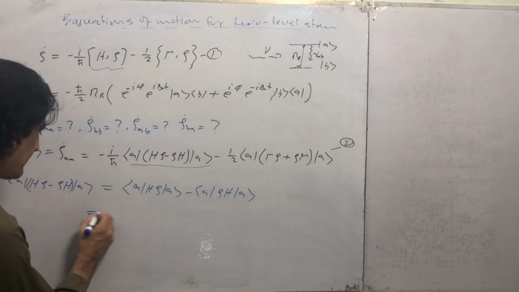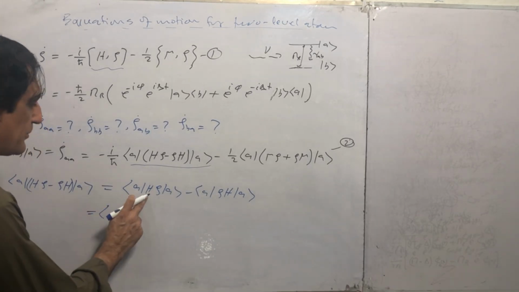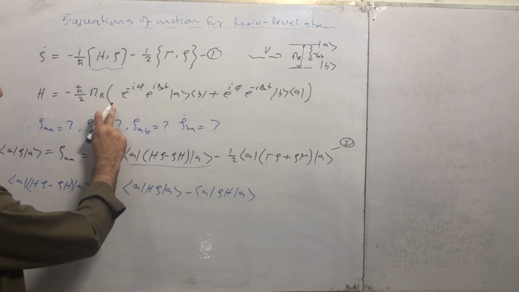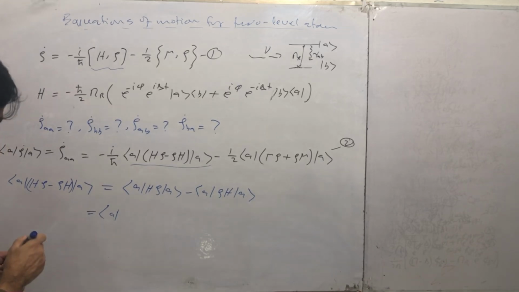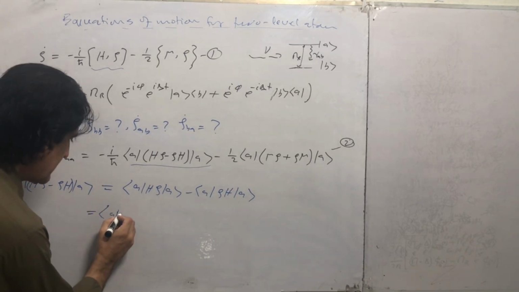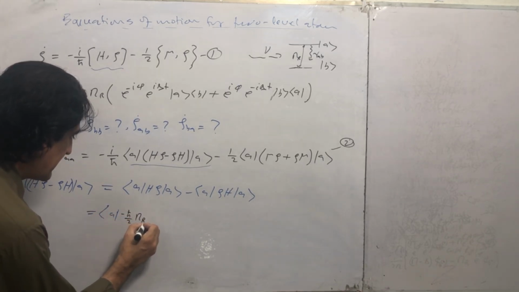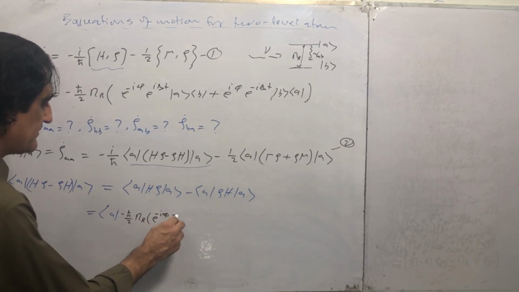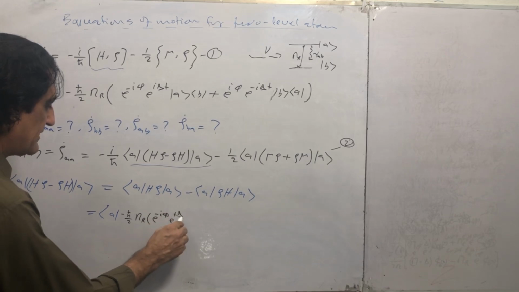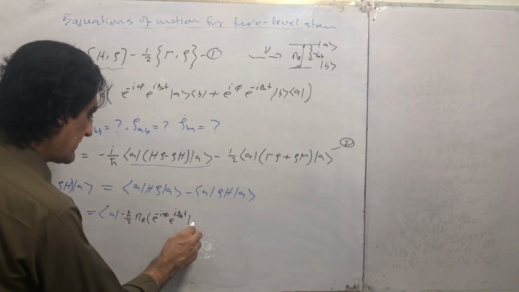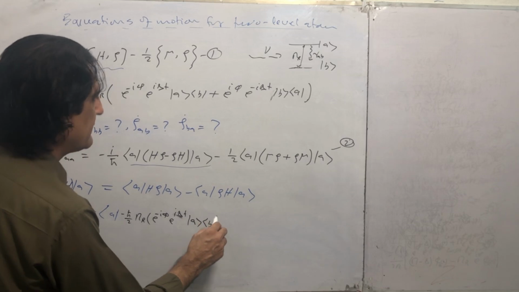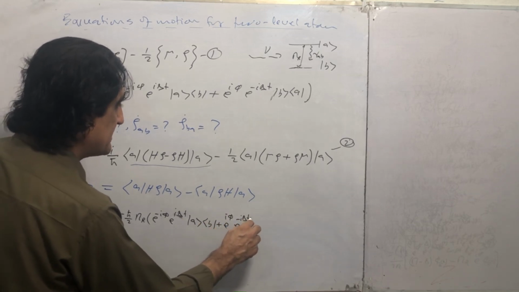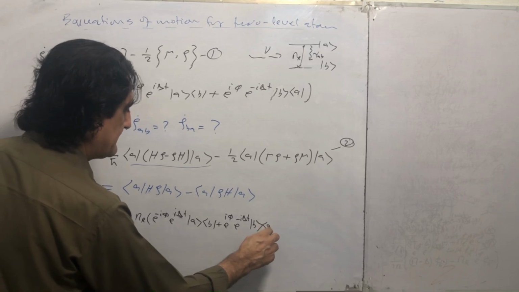And then we can put the value of H, and the value of this is minus ħ divided by 2, Ω_R, and e to the power minus iφ, e to the power iΔt, |A><B|, plus e to the power iφ, e to the power minus iΔt, |B><A|.